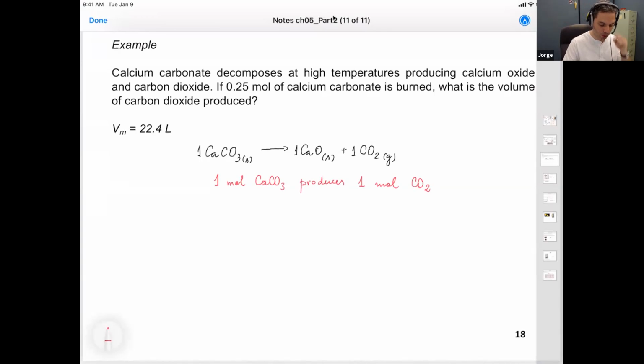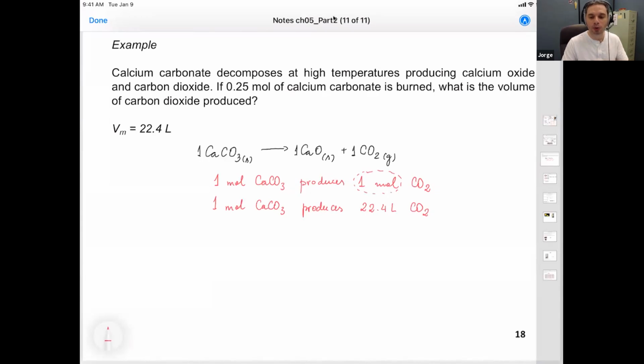So let's do a quick adjustment here in our relationship. I'm going to rewrite that 1 mole of calcium carbonate produces, instead of 1 mole of CO2, I'm going to replace this by the molar volume, which is 22.4 liters of CO2.